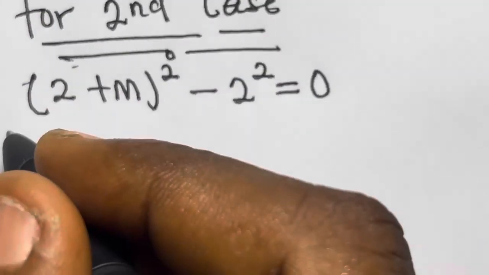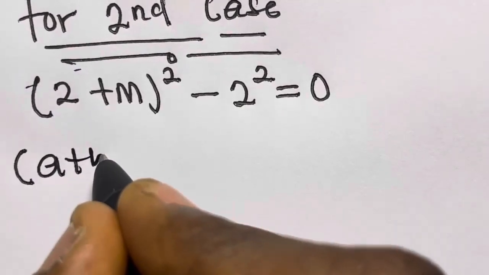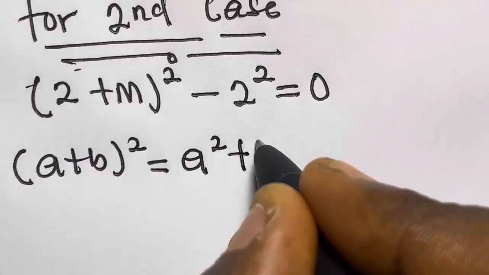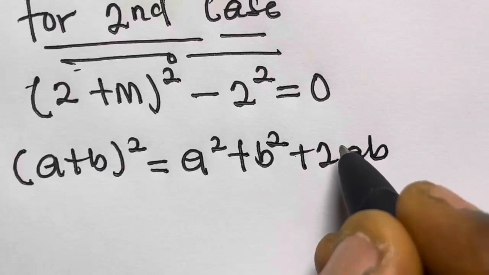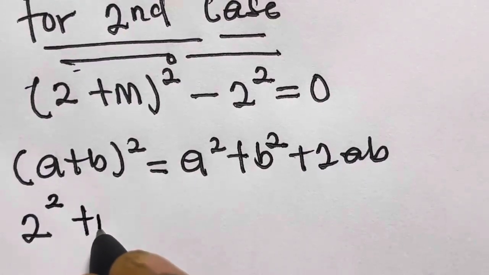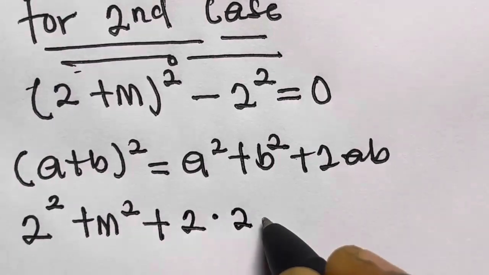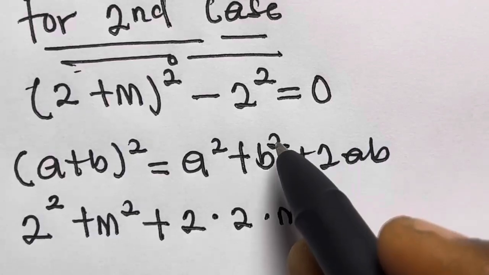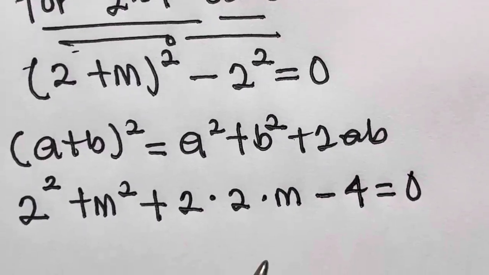So we recall that wherever we have a plus b squared, this is equal, like I said earlier, to a squared plus b squared plus 2ab. So applying it, we have 2 squared plus m squared plus 2 times 2 times m, minus 2 raised to the power 2, which gives us 4, equals 0.